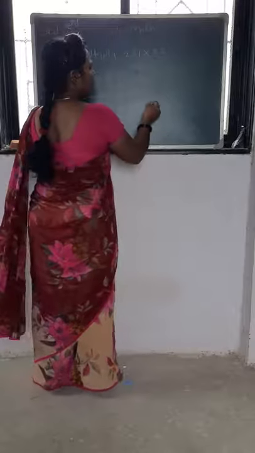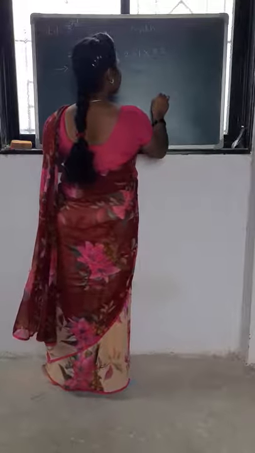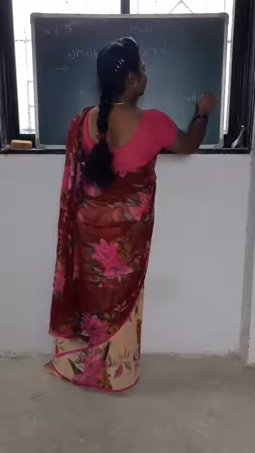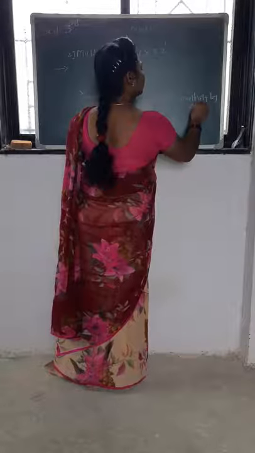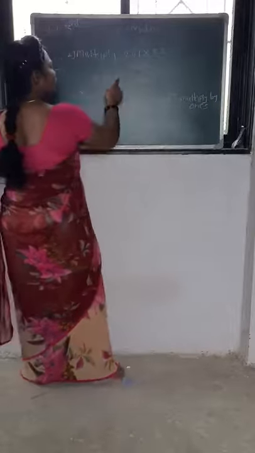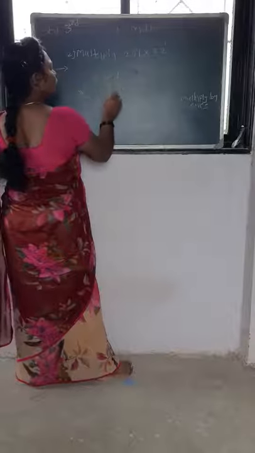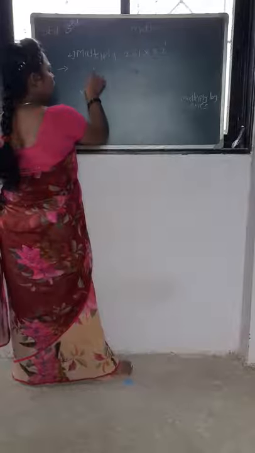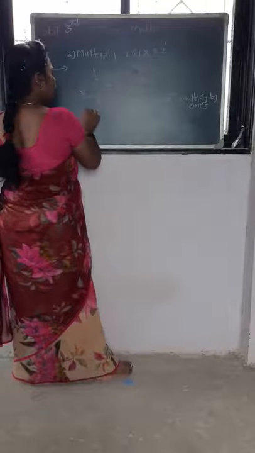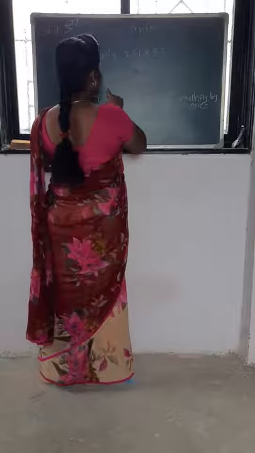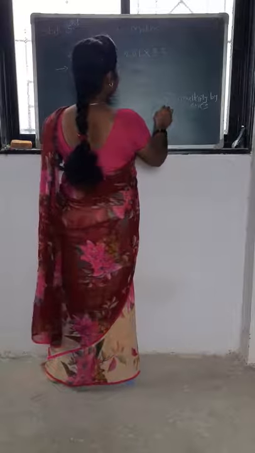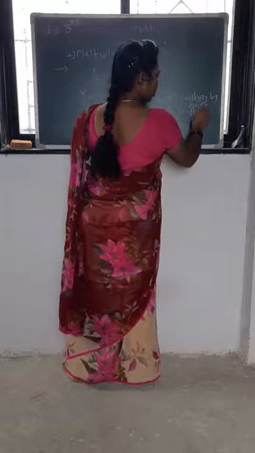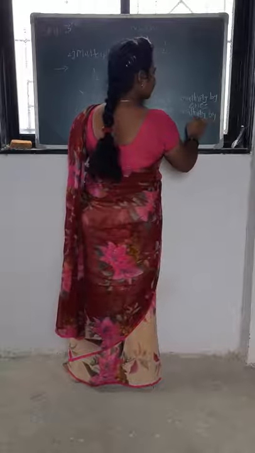Firstly multiply by the ones digit, that is 261 multiplied by 2. 2 ones are 2, 2 6s are 12, carry 1 to the hundreds column, 2 2s are 4, 4 plus 1 is 5. Next is multiplying by 10s, that is 261 multiplied by 3 tens.